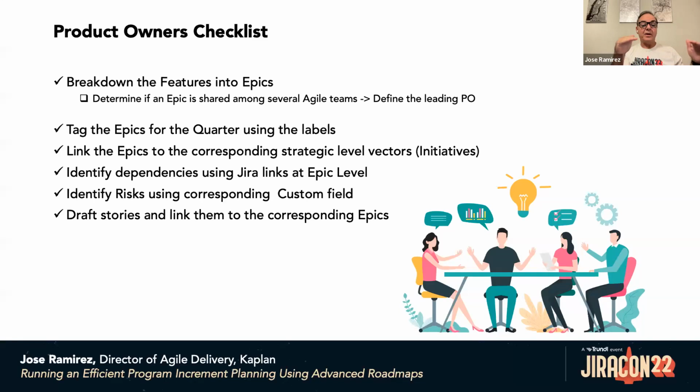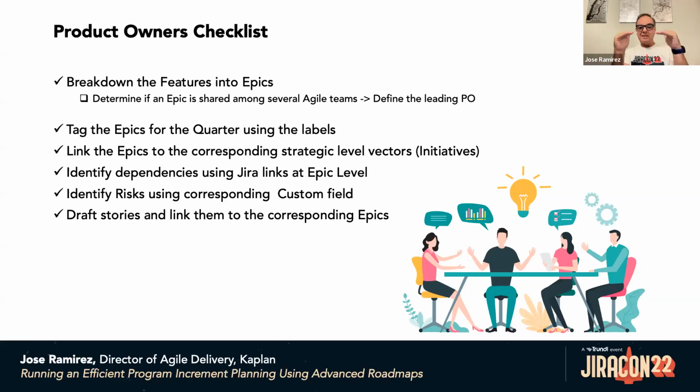Then link the epics to corresponding strategic level vectors, and that is done using the parent link. So an epic can link to an initiative using the parent link, and the initiative to the goal using the parent link, and so on. Identify dependencies using the standard links, and remember that you don't use all the link types.